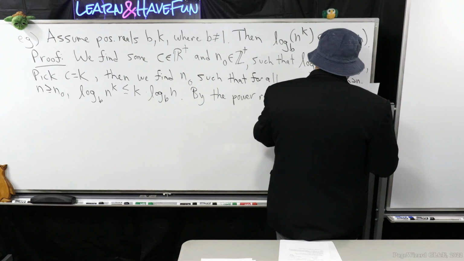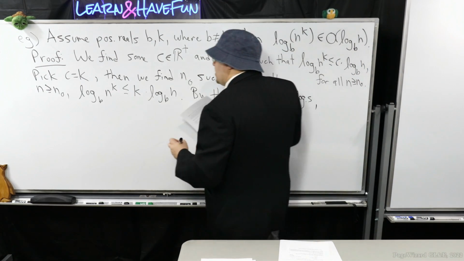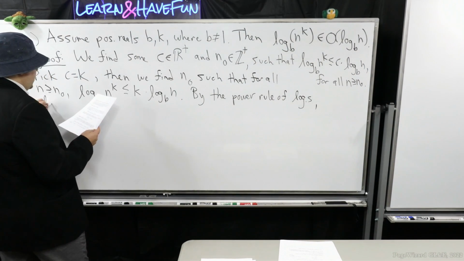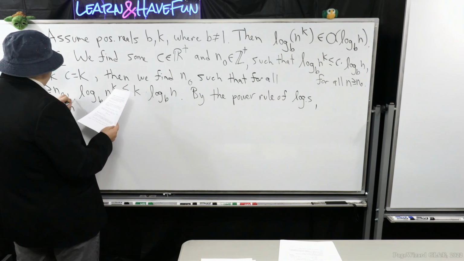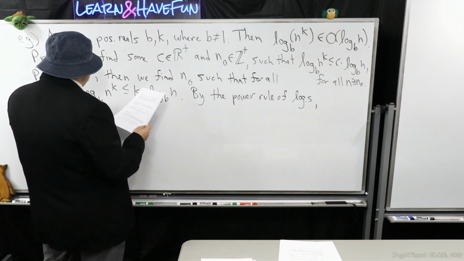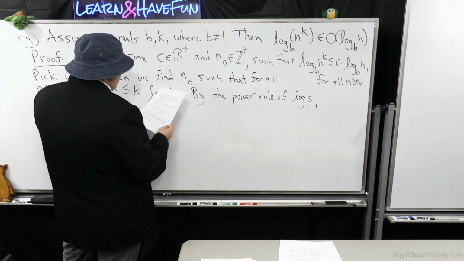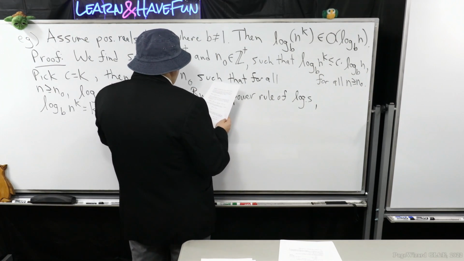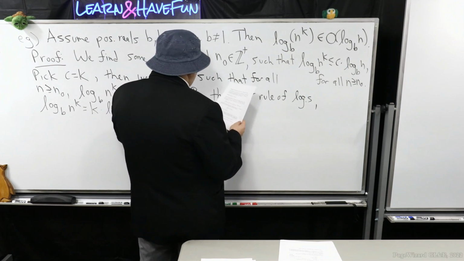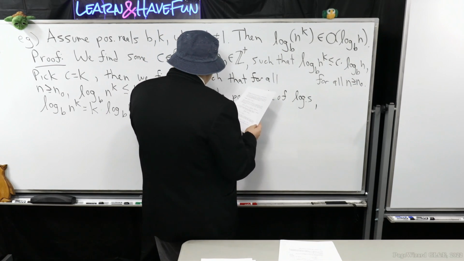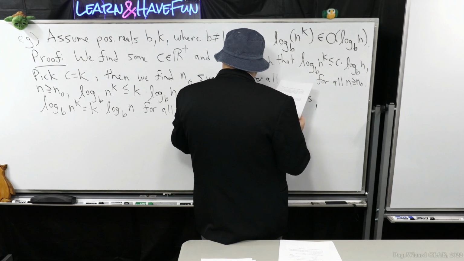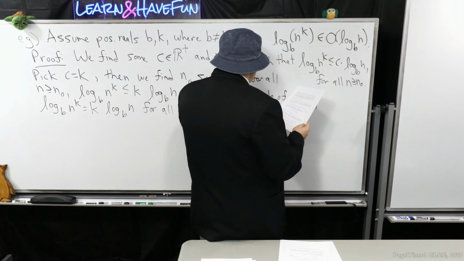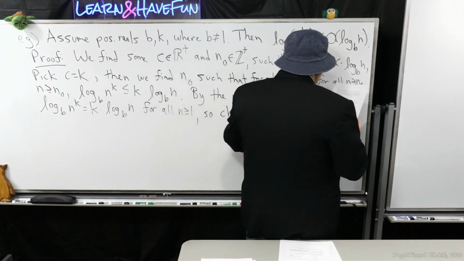We can say the following: that log base b of n to the power of k is equal to k times log base b of n for all n greater or equal to 1, right? So we're going to just choose n0 equal to 1, and we're done.